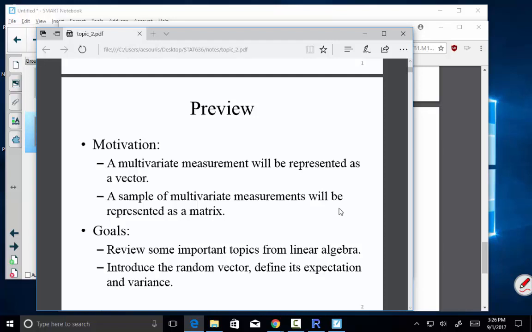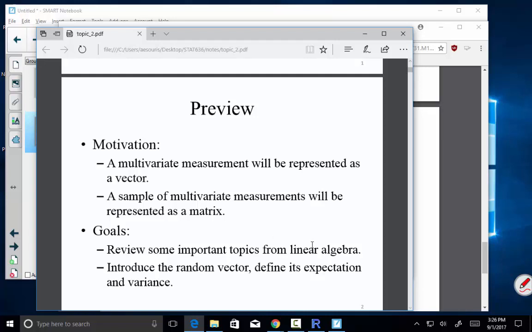It's just a collection of p items: variable 1, variable 2, ... variable p. So a single multivariate measurement is a vector to us. And then a sample of multivariate measurements, like a spreadsheet full of our data, is a matrix. A two-dimensional array.